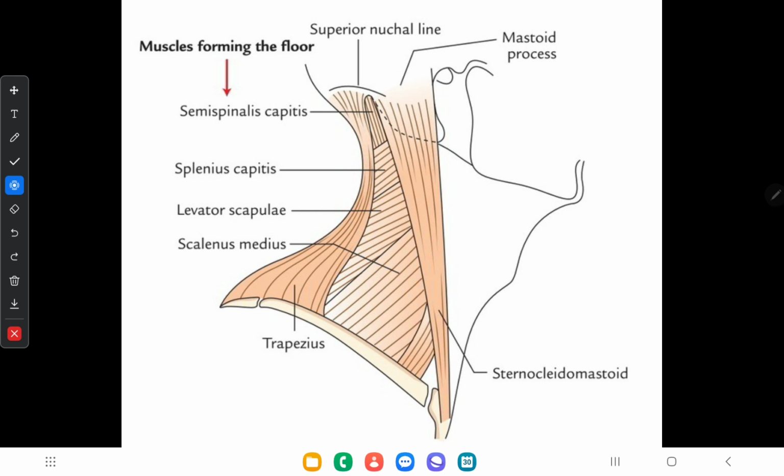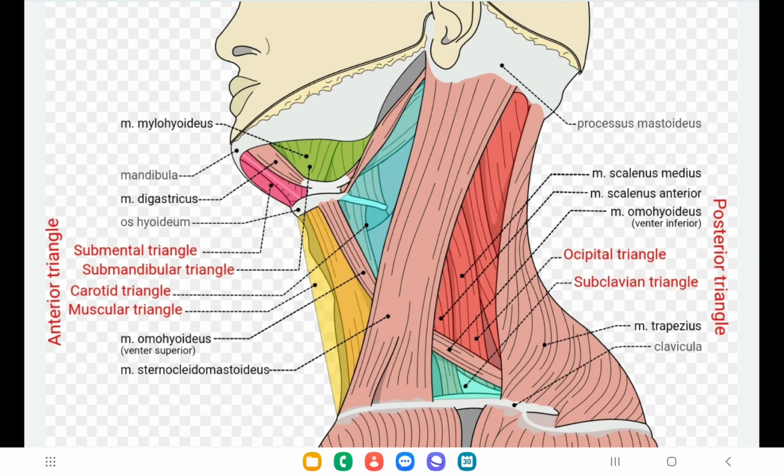The muscular floor contains, from above downwards, semispinalis capitis, splenius capitis, levator scapulae and scalenus medius muscles. As I told you earlier, the posterior triangle is divided into subdivisions by the inferior belly of the omohyoid muscle.